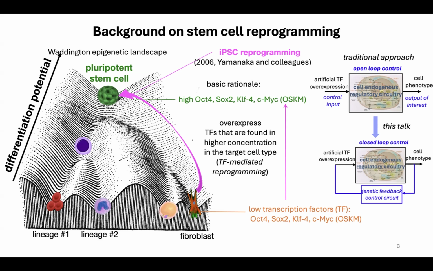And in between the input and the output, there is the whole complexity of the cellular circuitry that is actually dictating what the fate of the cell is. So in this talk, I'll try to close the loop around this and have genetic feedback control circuits inside the cell to steer the concentrations of transcription factors towards optimal levels.